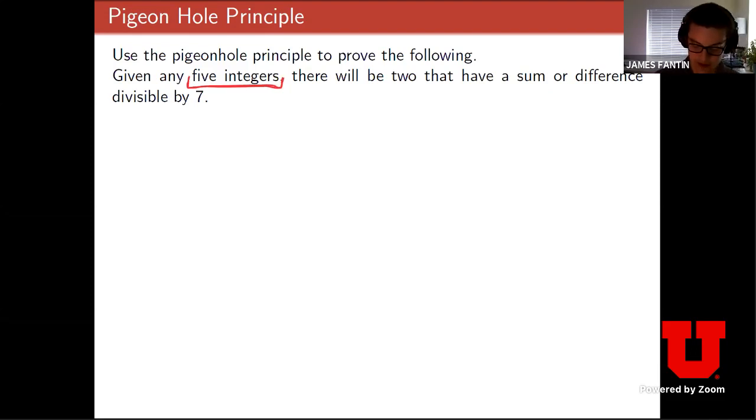And then we know that there's going to be at least 2 values that have a sum or difference divisible by 7. So can anybody tell me, either in the chat or by raising your hand, what are the formulas that we're going to have for this problem with our m and n?